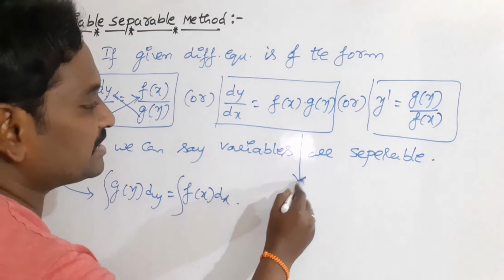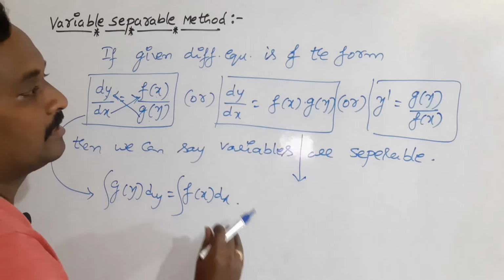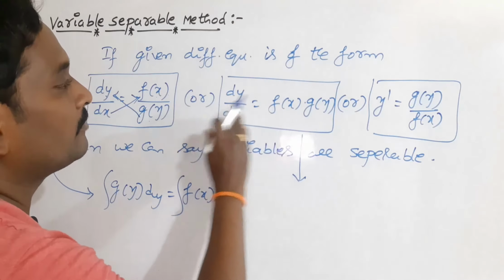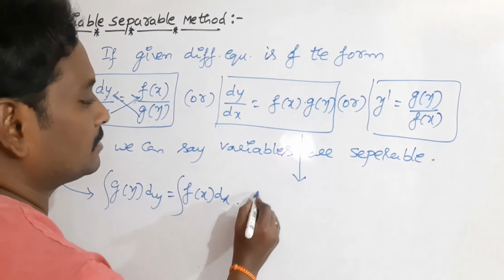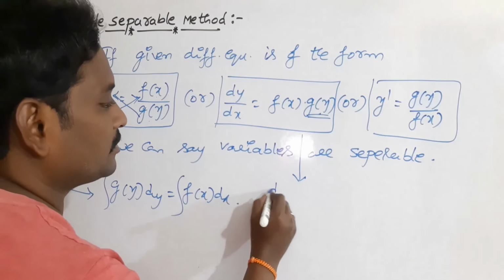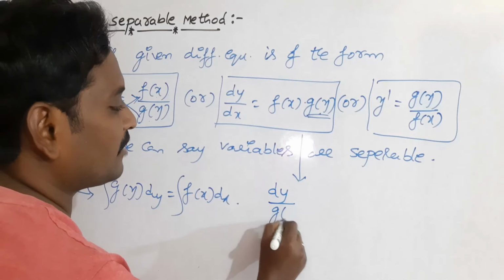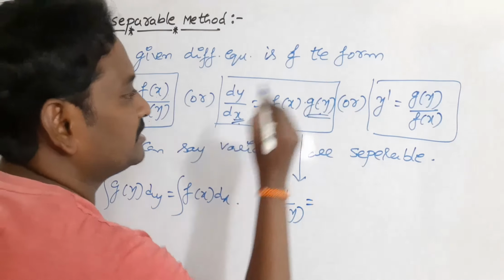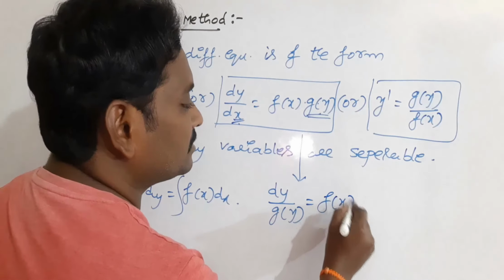Suppose the given differential equation is in this way. Again take all terms of x and dx to one side and all terms of y and dy to the other side. Here I will take this g of y to the right hand side denominator, so you will get dy by g of y, and take this dx to this side, you will get f of x into dx.